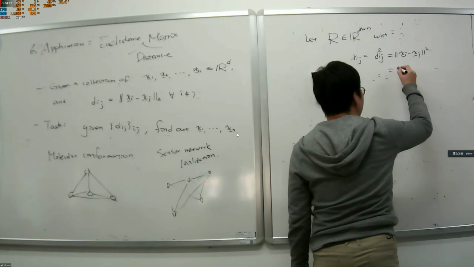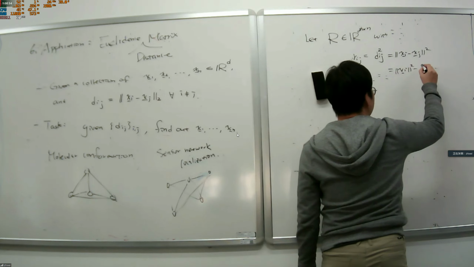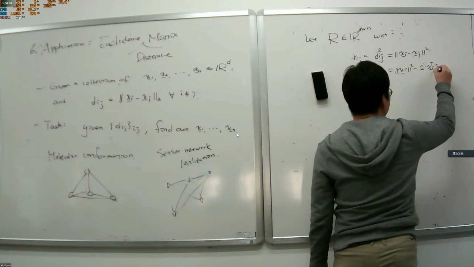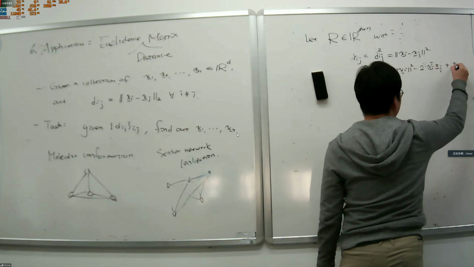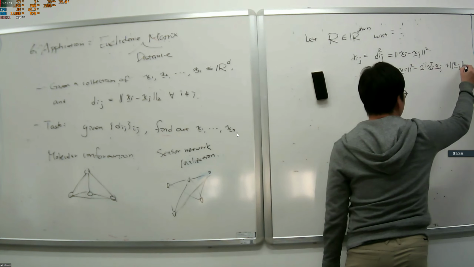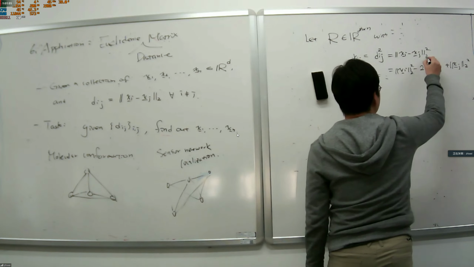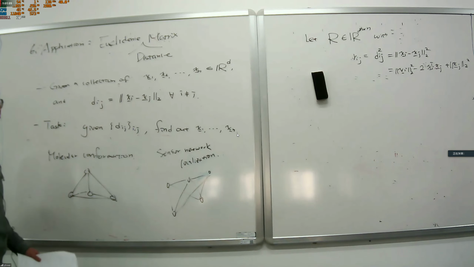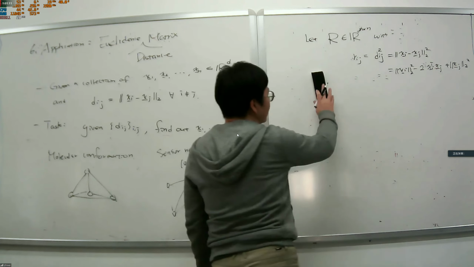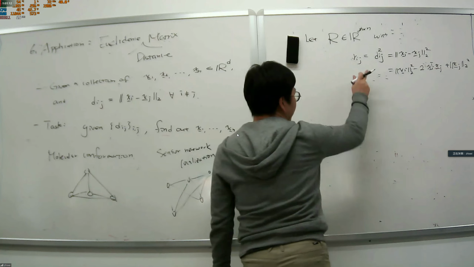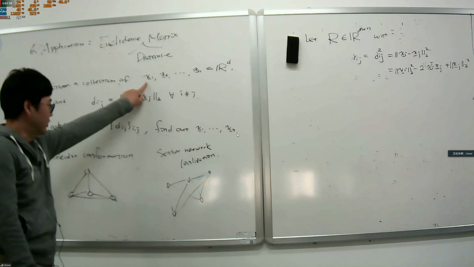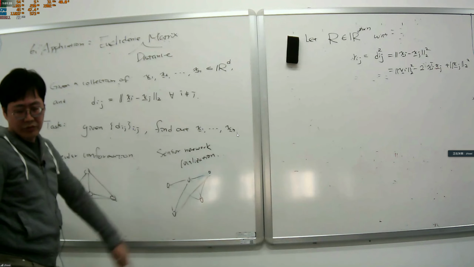So it's xi squared minus 2 times xi transpose xj plus xj squared. Then by this simple equation, we can connect this Euclidean distance matrix with x1 to xn.